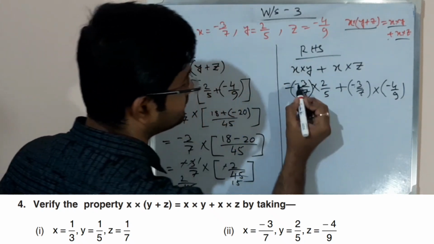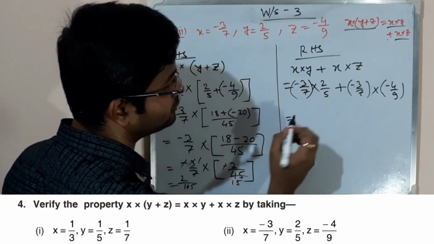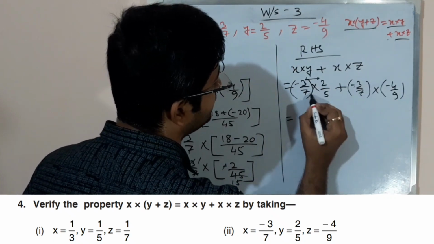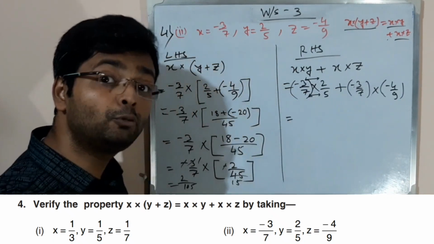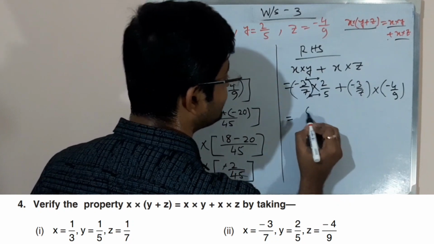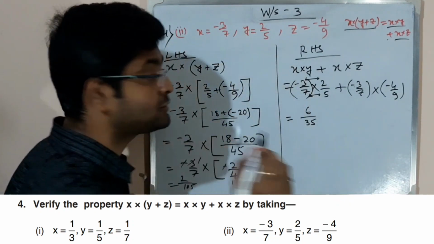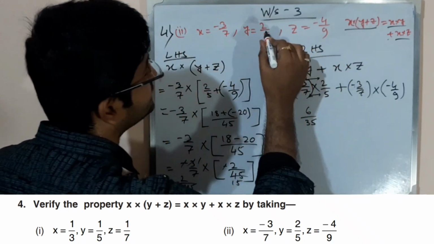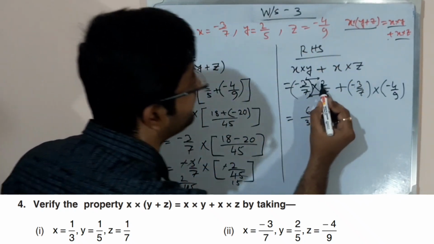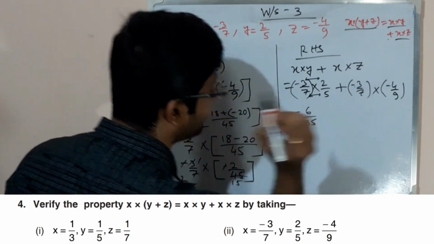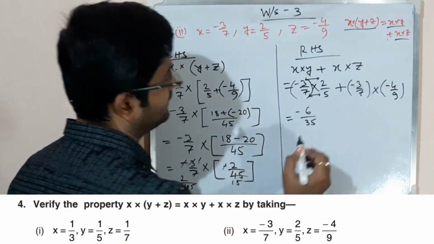Next, nothing can be cancelled, so what to do? This numerator and denominator I have to multiply. So 2 3s are 6 and 7 5s are 35. One can say, student, no sign means this is a positive number and this is the negative number. So plus minus, remove the confusion first.